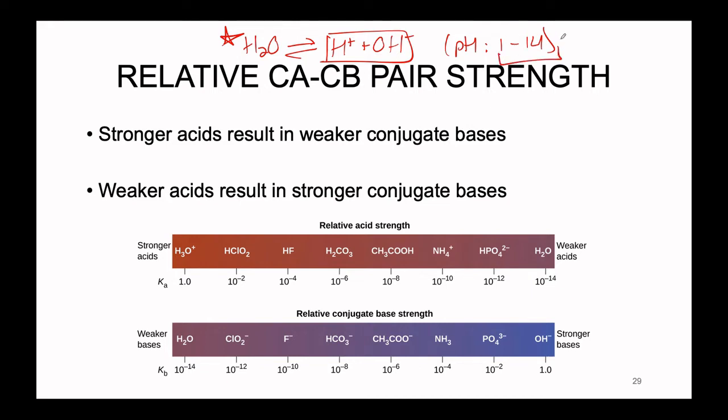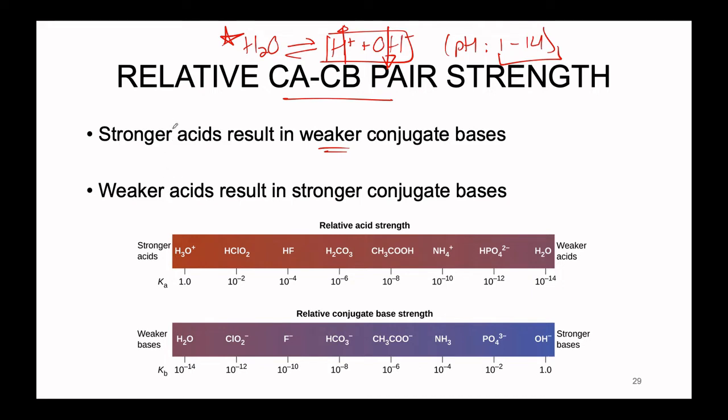So because of this, what we actually have found in conjugate acid-base pairs is that a stronger acid is going to result in a weaker conjugate base. Right? If we think back to multiple calculations we've been doing Monday and Wednesday, if we were to increase the concentration of H+, let's say in solution, we have found that the concentration of OH- has to decrease as a result of that.